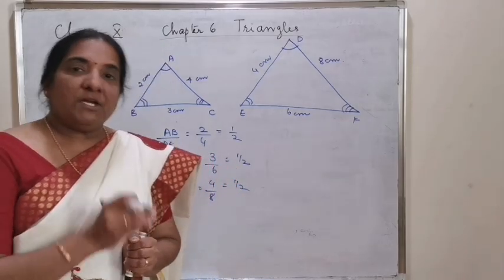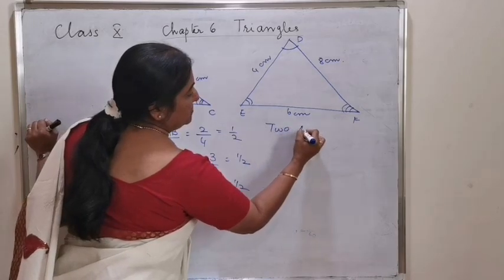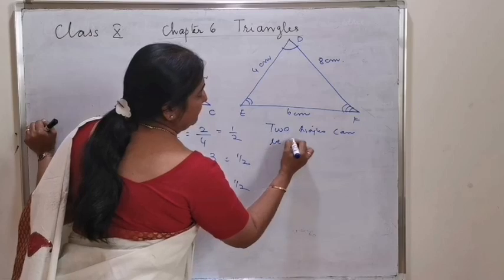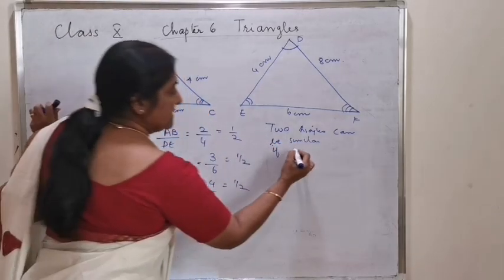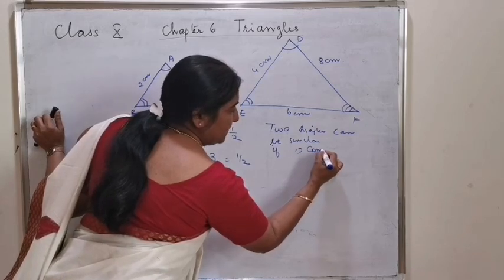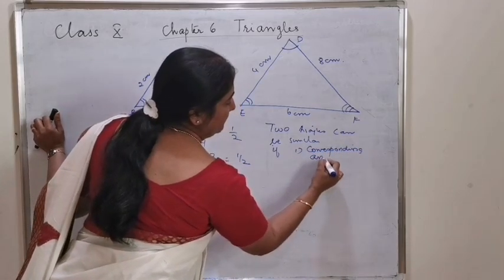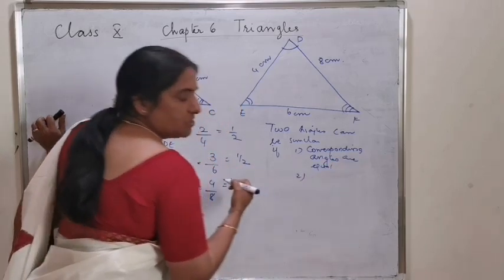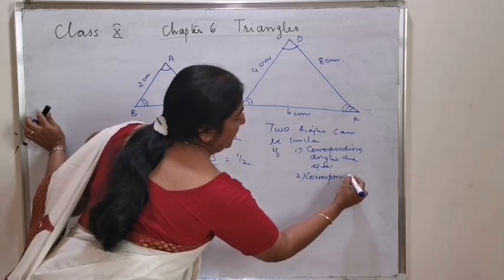Thus, two triangles can be similar if the first condition is the corresponding angles are equal. Now, number 2, the corresponding sides are proportional.